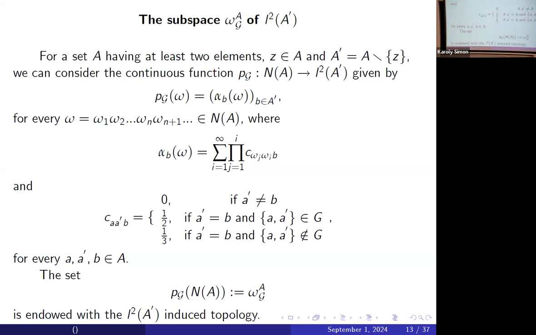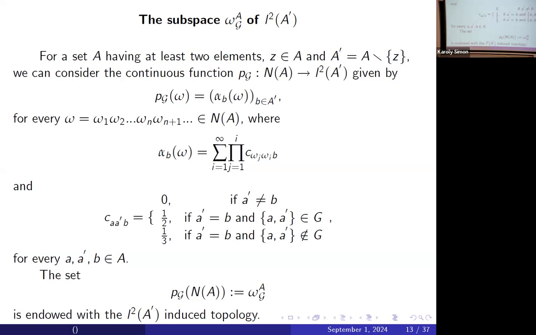So P_G of the word omega is the family with the components alpha_b of omega, where alpha_b of omega is given here, the sum over i from 1 to infinity of the product over j from 1 to i of c(omega_j, omega_i, b). So this means that we take one letter, omega_i, and we want to see if this letter is b or not.